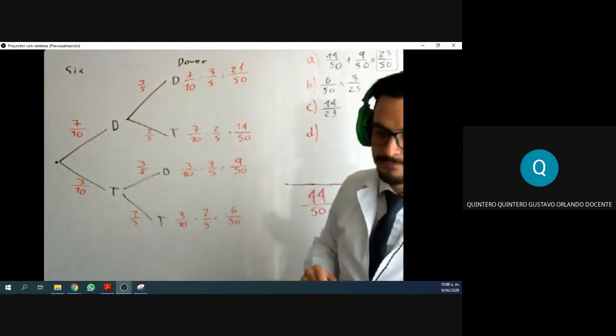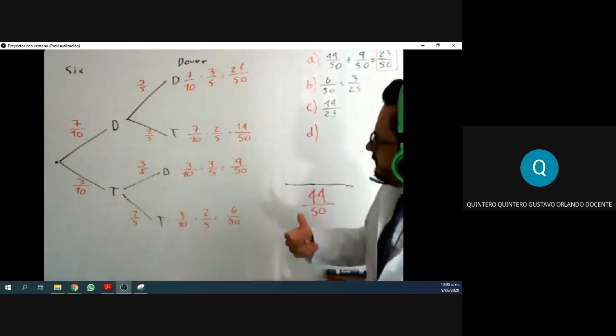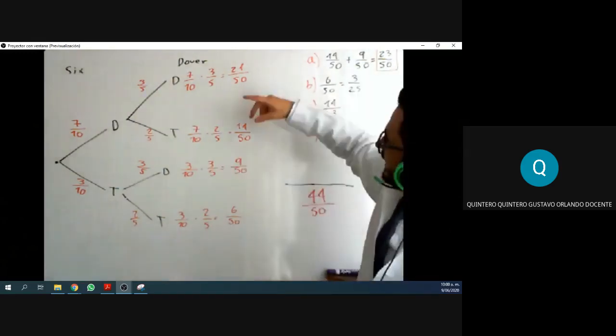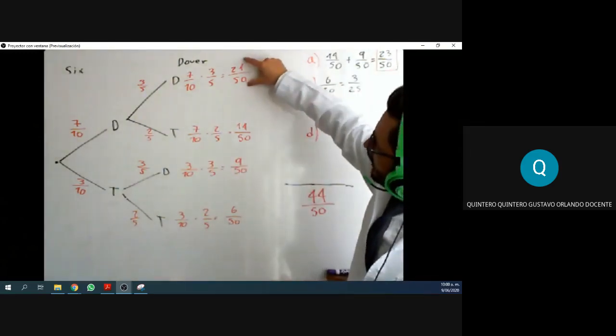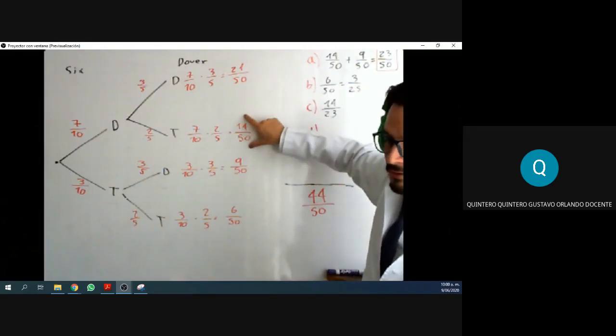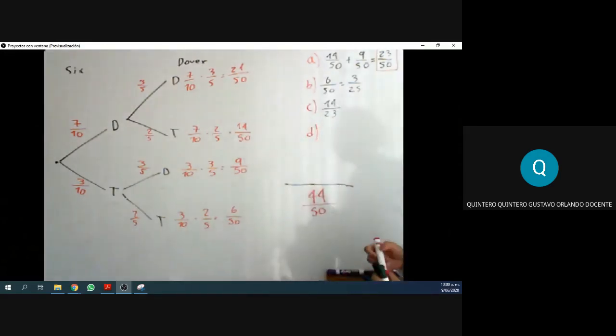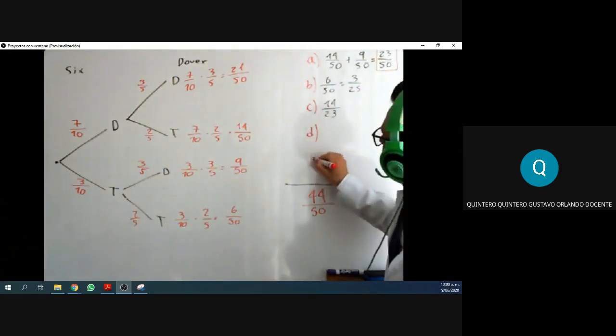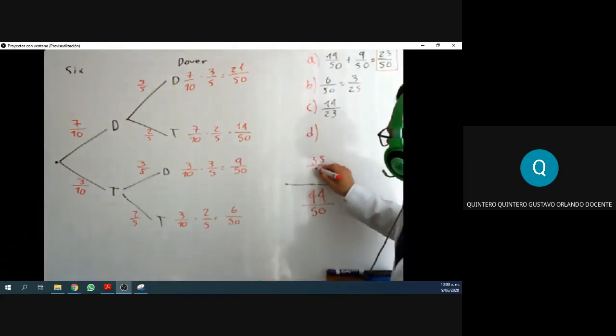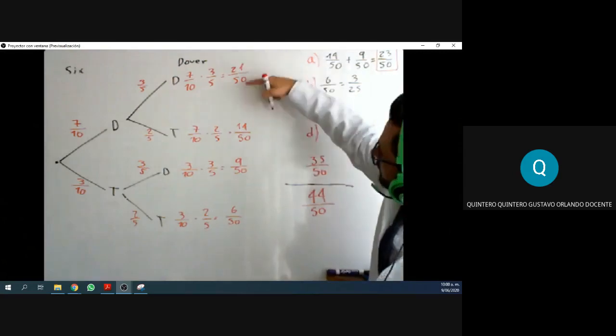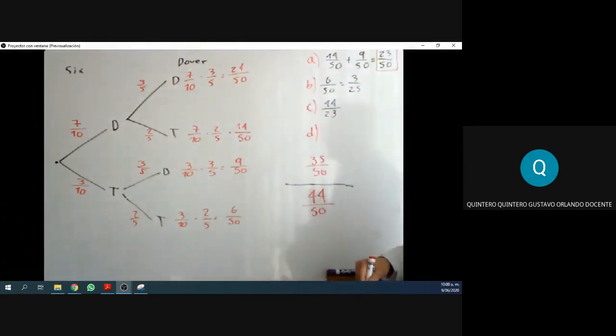Of course. So, the way I see it, the success will be 21 over 50 plus 14 over 50. In other words, the success will be 35 over 50, the addition of these two.